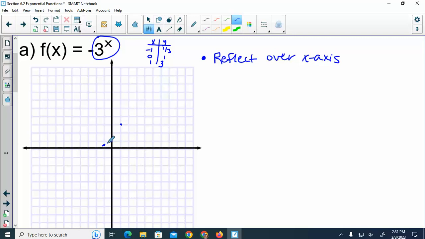That's my parent function, so that's my dashed one. Okay, so then my transformation, you guys told me that a negative in front would reflect this over the x-axis. So it's just going to take those 3 points and flip them across the axis. So we're just getting this mirror image down here.